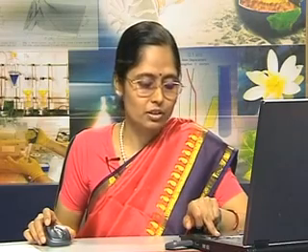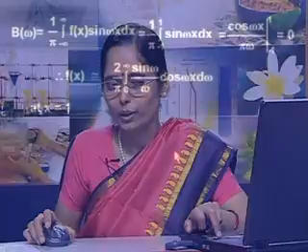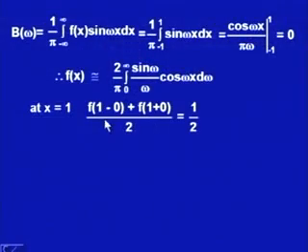So at both the points minus 1 and plus 1, the function is discontinuous. Let us see at x equal to 1. Approaching 1 from the left, the function is 1, and from the right it would be 0.